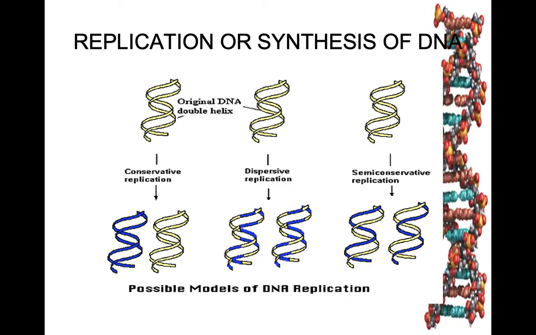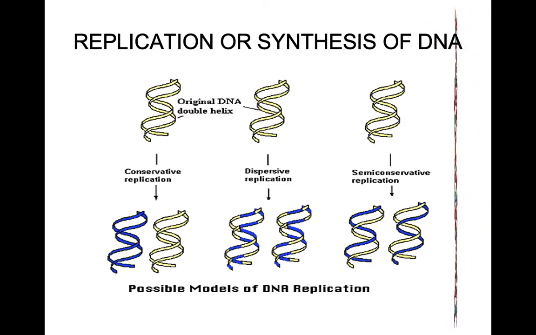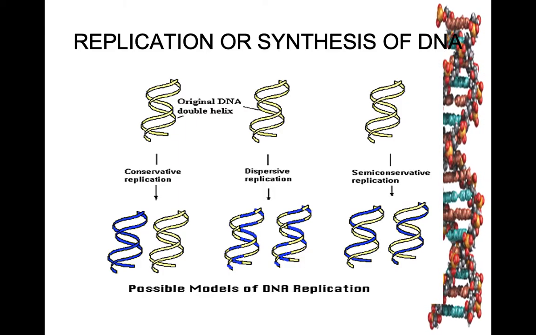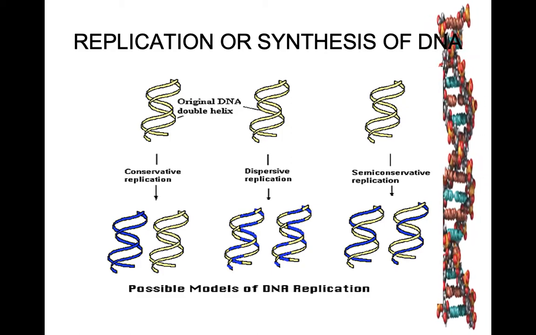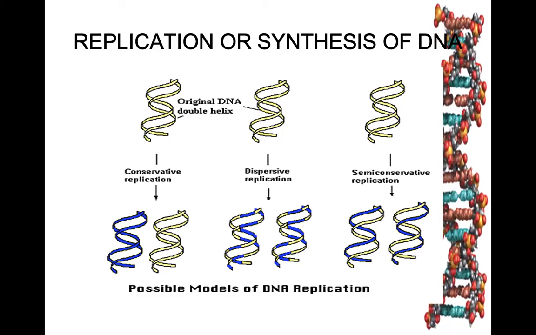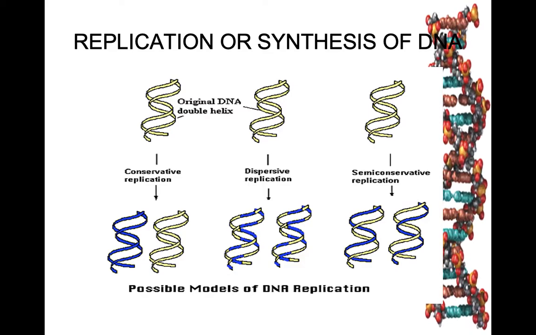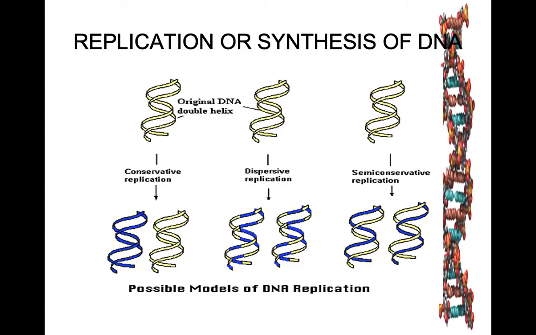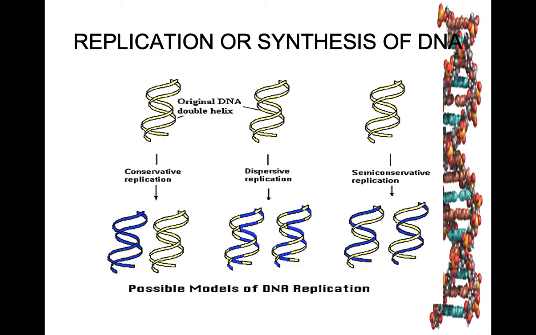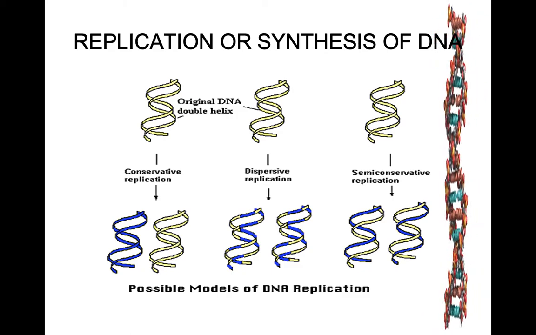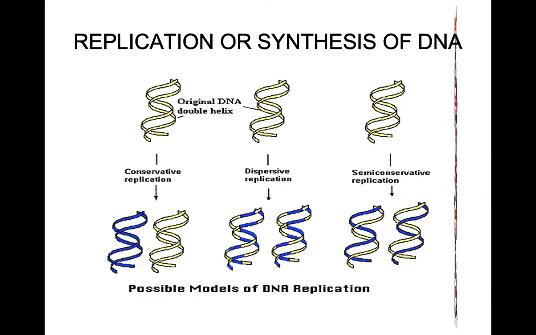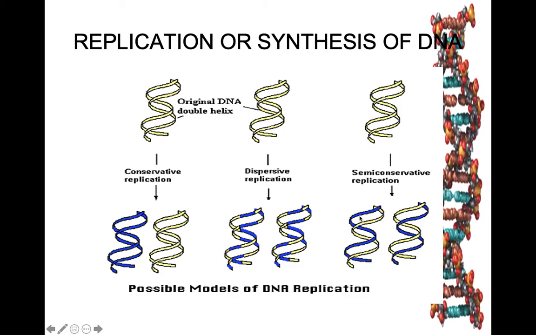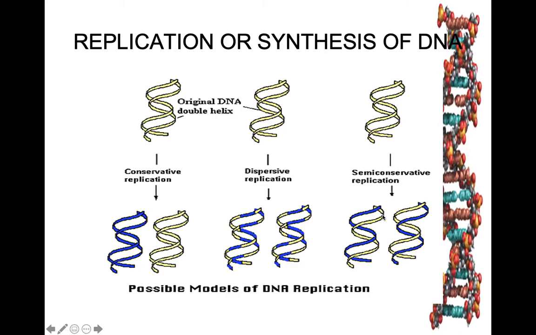And we also have what we call the semi-conservative replication, which is the mechanism proven to be followed by cellular systems in replicating their DNA. In semi-conservative replication, a parent double helical DNA will separate its antiparallel strands and will produce a daughter strand that will be related with the parent strand.